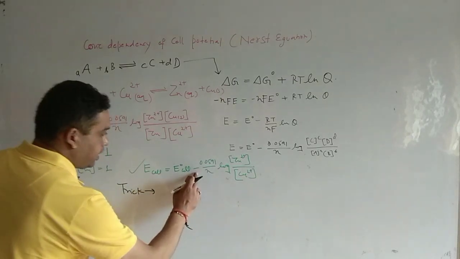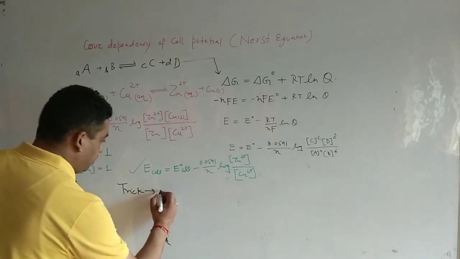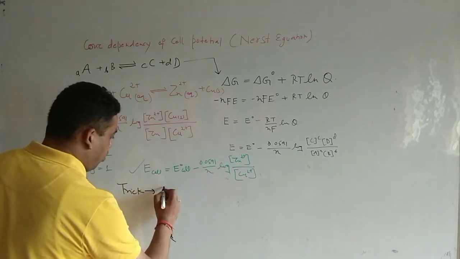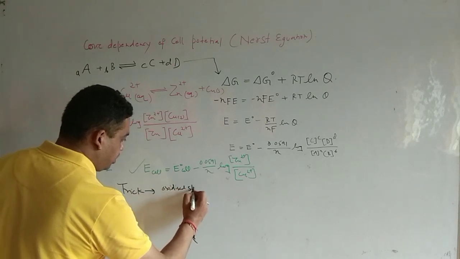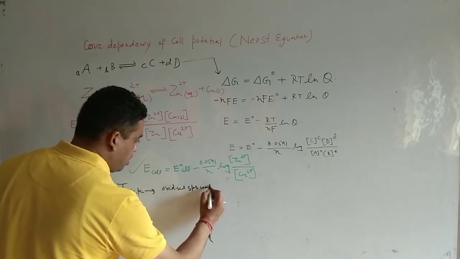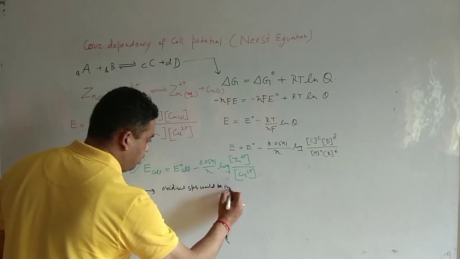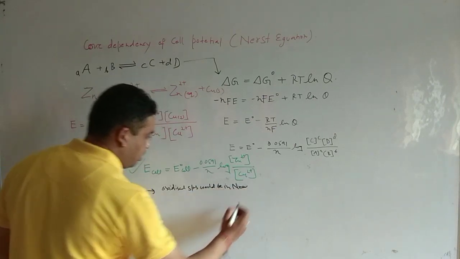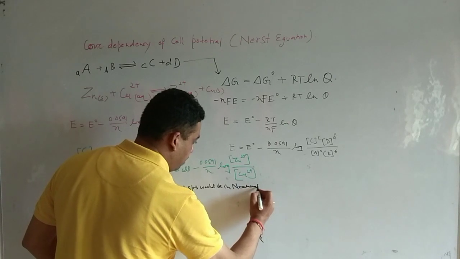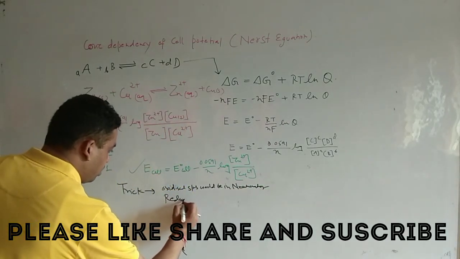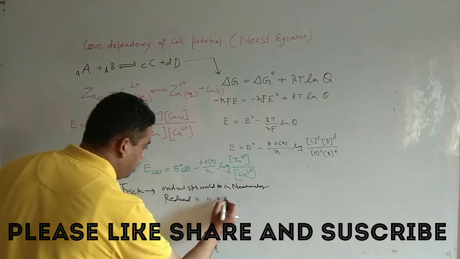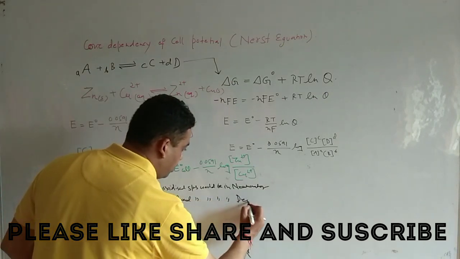If you are putting the negative sign here, then the oxidized species would be in the numerator, and your reduced species would be in the denominator.